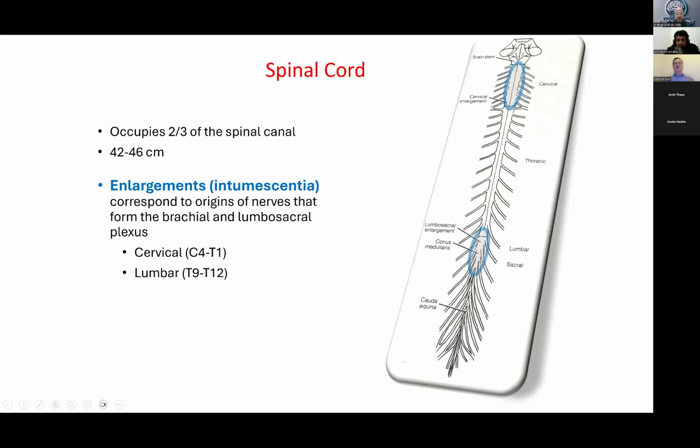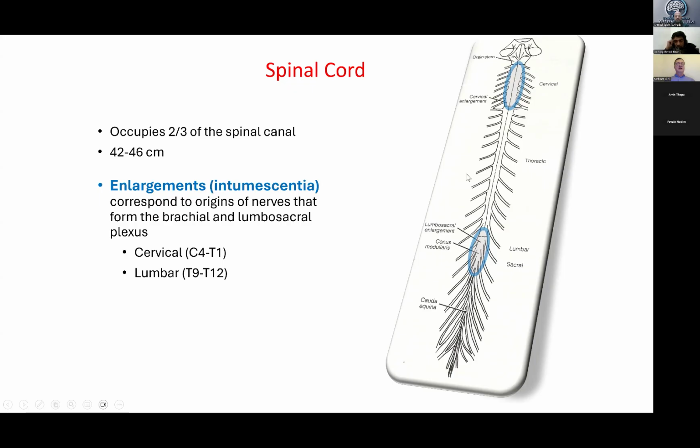If you look at that diagram, the spinal cord occupies 2/3 of the spinal canal, only in the cervical and thoracic spine and the upper part of the lumbar spine. There are two enlargements, so-called intumescentia.